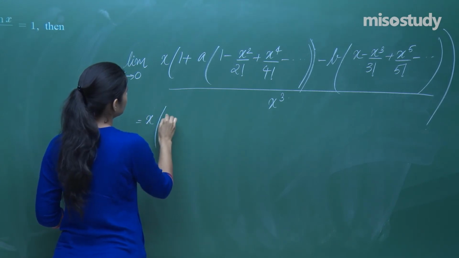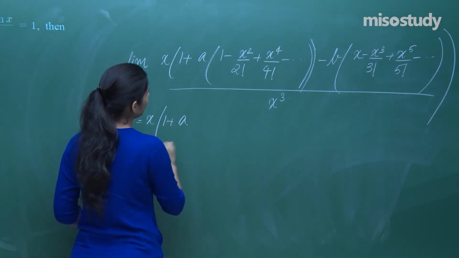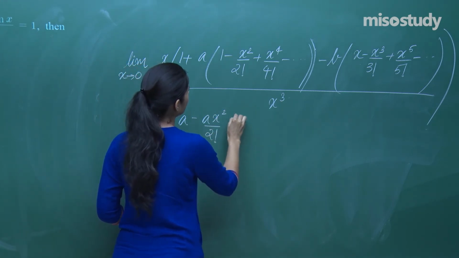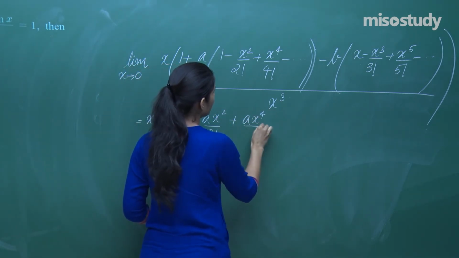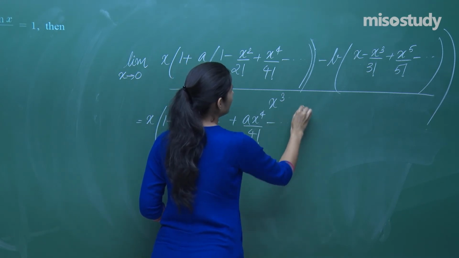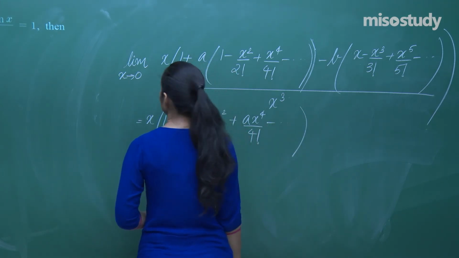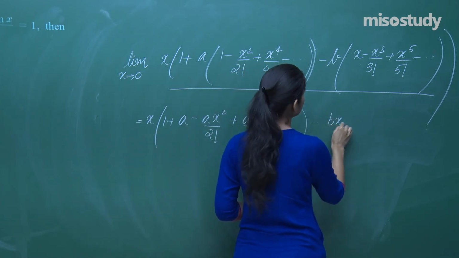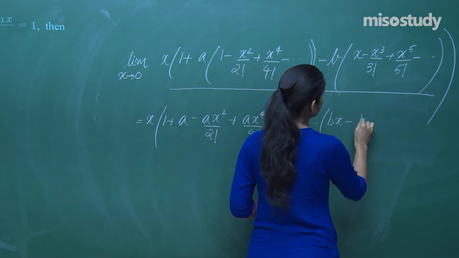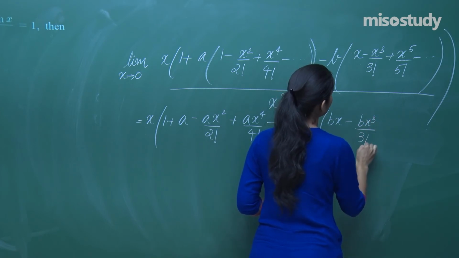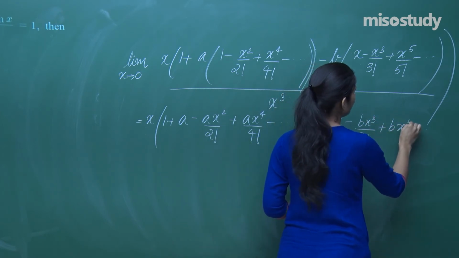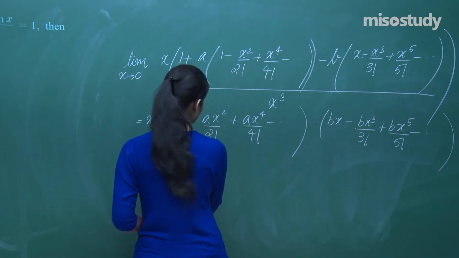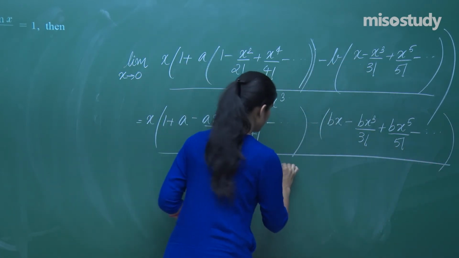X is outside, 1 plus a minus ax square by 2 factorial plus ax to the power 4 by 4 factorial and so on. So x is only multiplied by this, minus bx minus bx cube by 3 factorial plus bx to the power 5 by 5 factorial and so on, whole upon x cube.